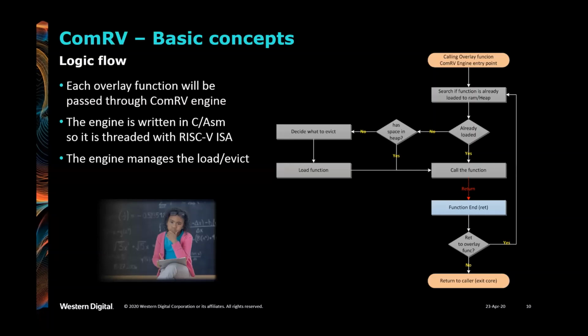It also has an evict algorithm based on cache concepts like LRU. And we also have a fragmentation algorithm in order to close the gaps and holes when we evict several groups from the cache area. This is very high level.